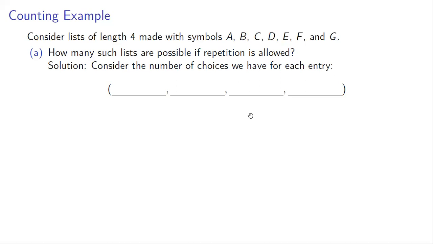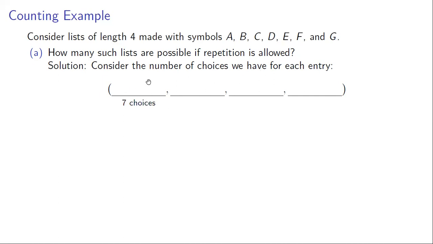What we're going to do is consider how many choices we have for each entry, and then we'll multiply those numbers together, and that will give us our answer. So the question is, how many choices do we have for this first entry on the left? Well, it could be A, B, C, D, E, F, or G. So there are 7 choices there. Now we don't know what it's going to be, right?